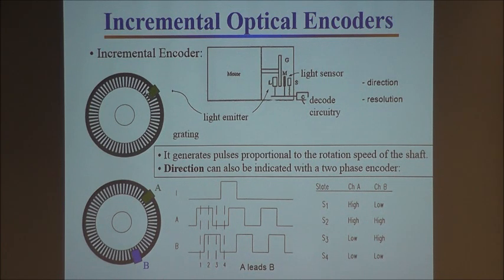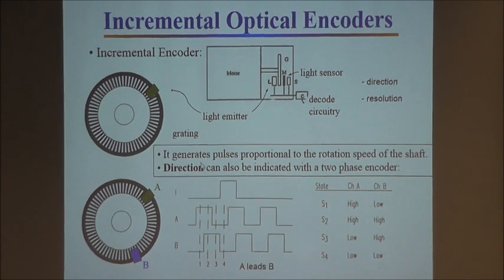It doesn't go next, it goes through that and so forth. As this rotates, you have a sequence of pulses coming out. Through those pulses, they detect the velocity of the shaft. It generates pulses proportional to the rotational speed of the shaft.